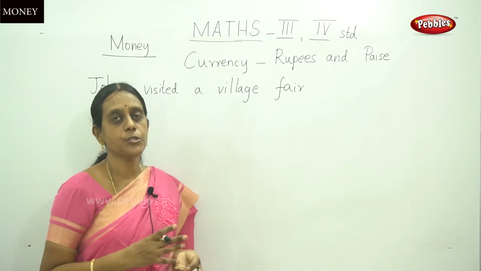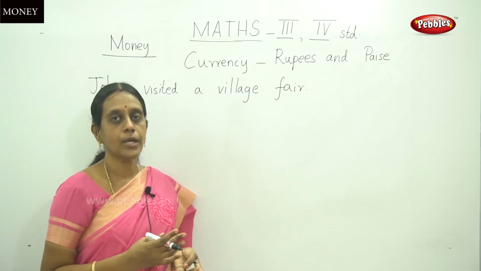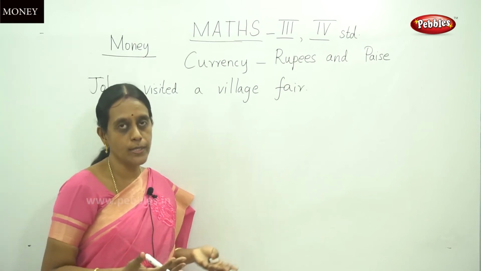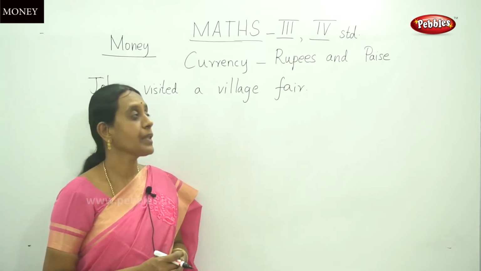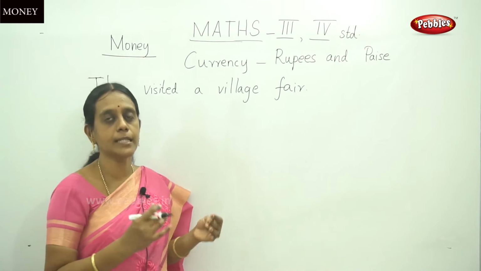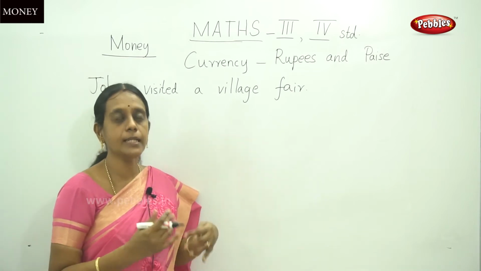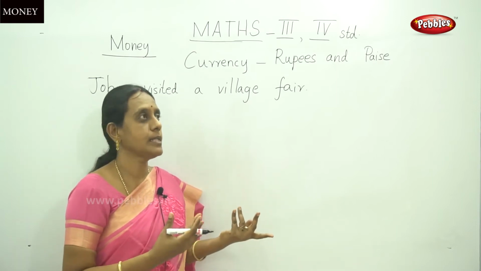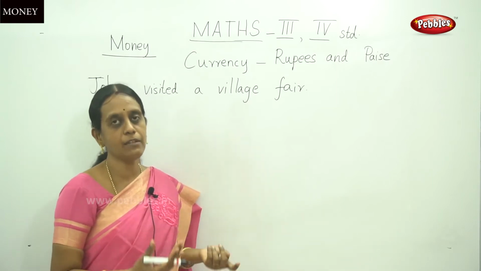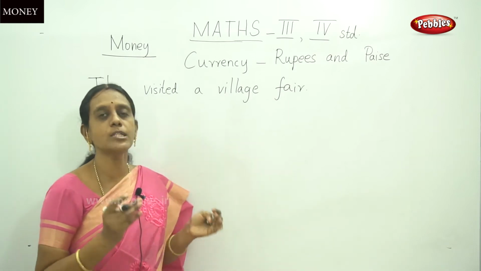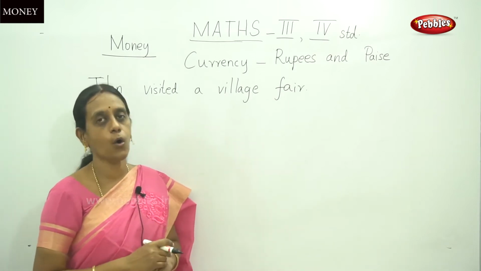He was going to purchase toys, sweets and balloons, so many things. He spent money for those items. Let me calculate how much money he spent in all.